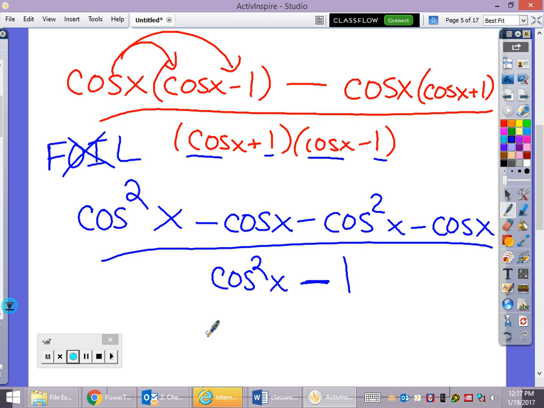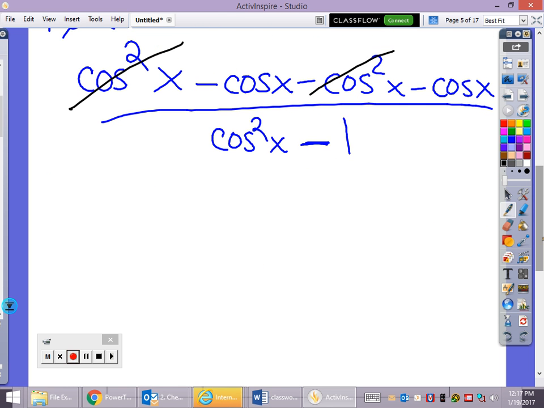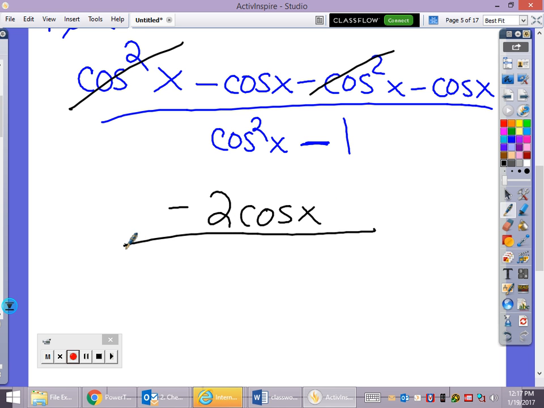All right, so now look at the numerator. What do you notice? This cancels this. Do these cancel? No. What's negative 1 plus negative 1? All right, so I have a negative 2 cosine x over. What do you know about cosine squared x minus 1? We saw that a couple minutes ago.